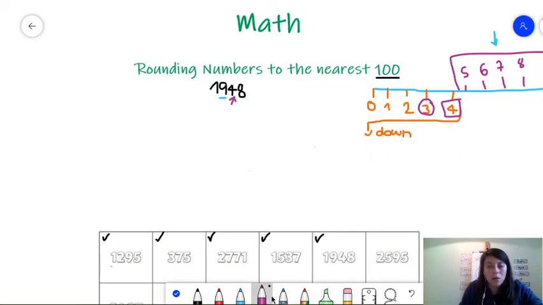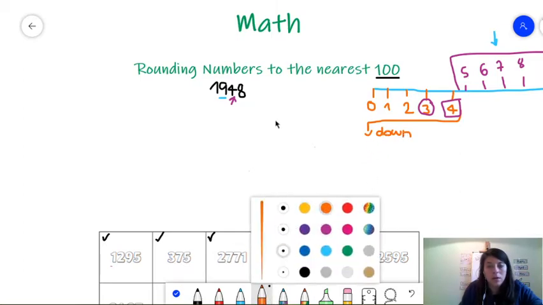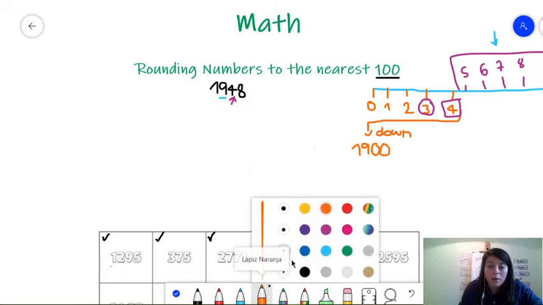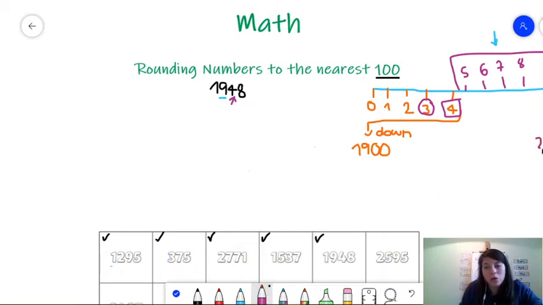Now, how do I do that? Well, I determine in the 948, what's the nearest hundred that goes down? 1,900. What do I do if I add 100 to 1,900? Well, I would change my thousands because it would go to 2,000s, okay?